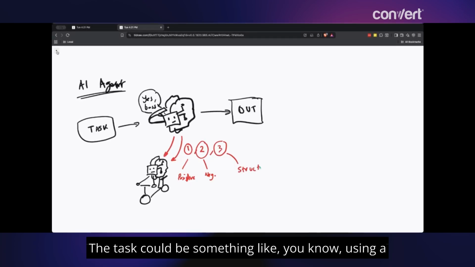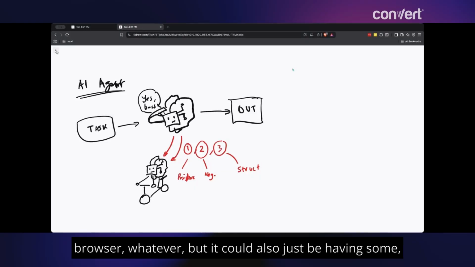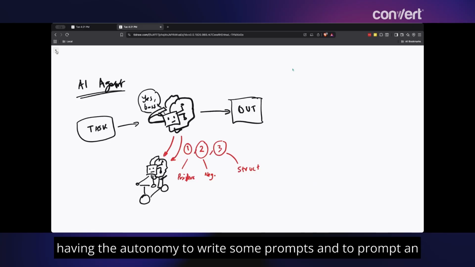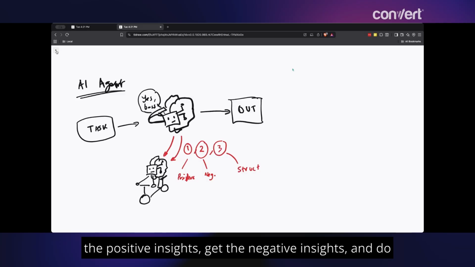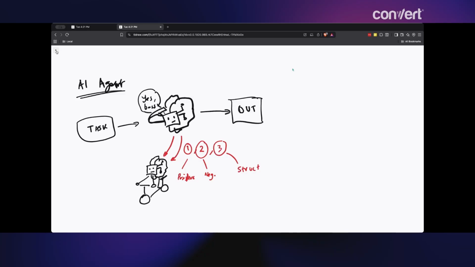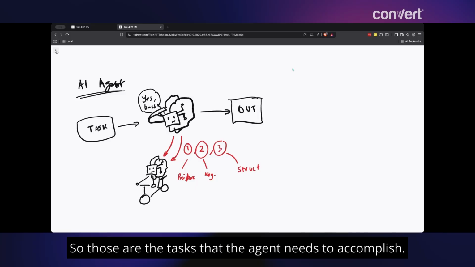The task could be using a browser or whatever, but it could also just be having the autonomy to write some prompts and to prompt an LLM. So in this example, we've got our 3 steps that get the positive insights, get the negative insights, and do the structuring. Those are the tasks that the agent needs to accomplish.